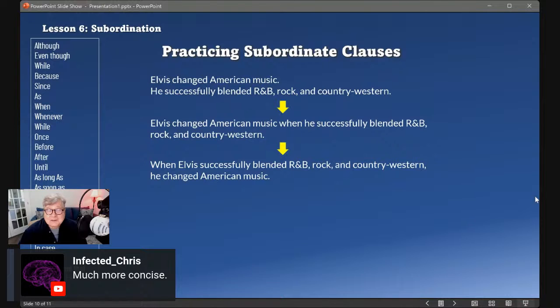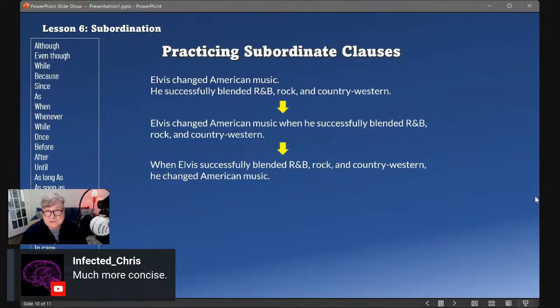What receives the most emphasis? We got a double ding there. He changed American music is at the end, and he changed American music is a main clause. If you wanted to give it even more emphasis, you could replace the first Elvis with he and save the real Elvis until the end.